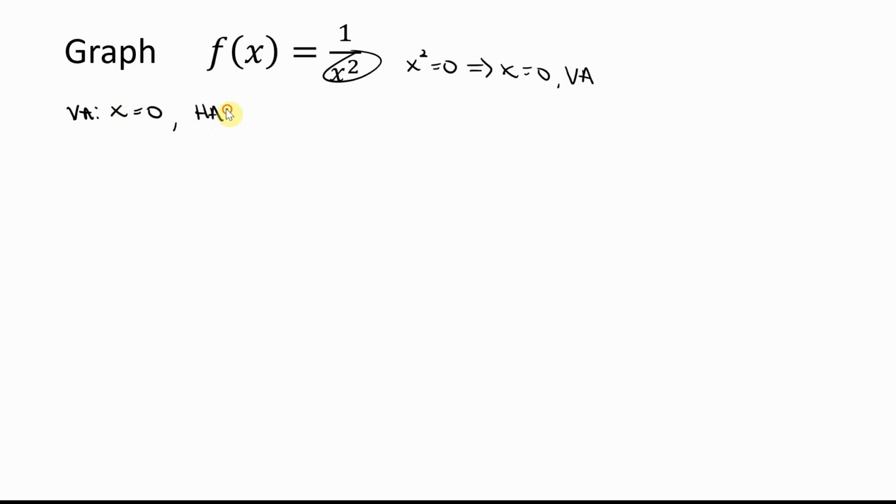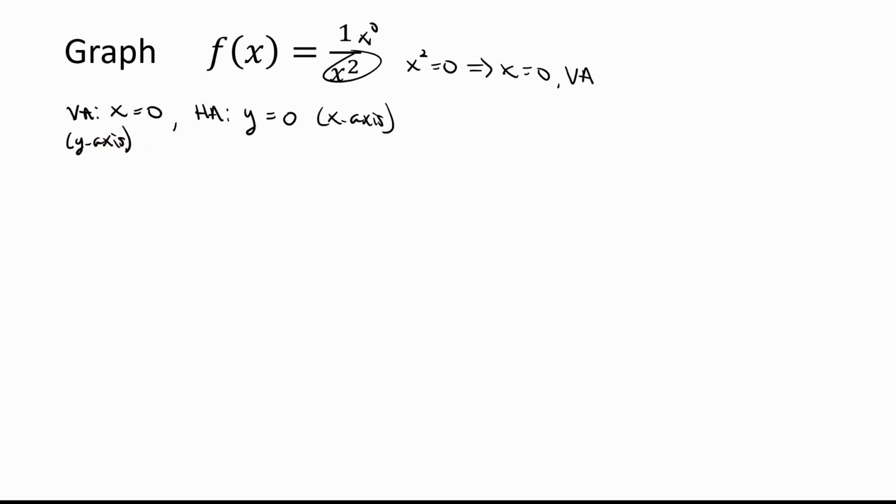For the horizontal asymptote, if the degree of the numerator is less than the degree of the denominator, which it is, 0 is less than 2, then automatically the horizontal asymptote is the line y equal to 0. Now the line y equal to 0 is the x-axis, undercover, and the line x equal to 0 is the y-axis, undercover brother.